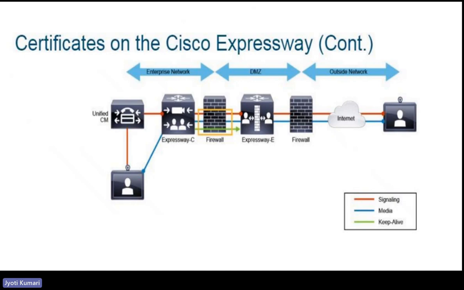You can just make a private network behind the security of the firewall, so the enterprise network can be easily secured. But the problem comes with the outside network, when the communication is coming from outside. To secure that, there is the importance of using certificates and securing the network.